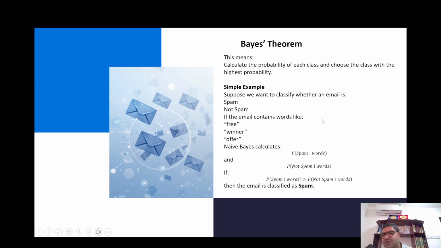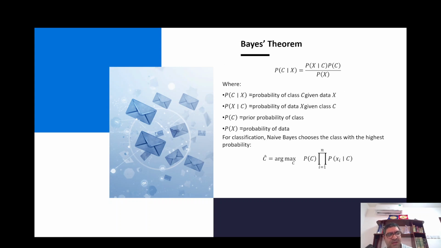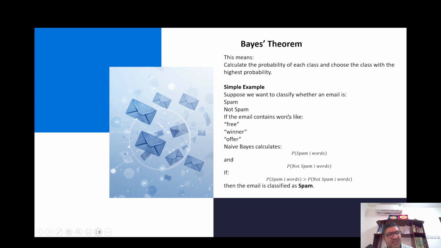What does this mathematical expression mean? Although you should know this expression and remember it, if we open it up, it means: calculate the probability of each class and choose the class with the highest probability.